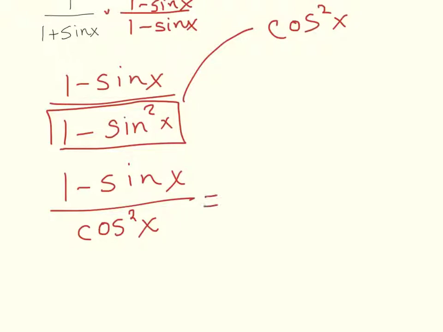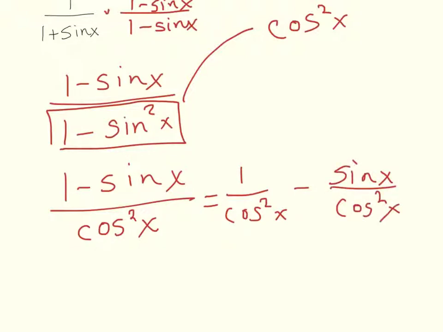So this is the same thing as taking 1 over cosine squared of x and adding that with a negative sine over cosine squared of x.